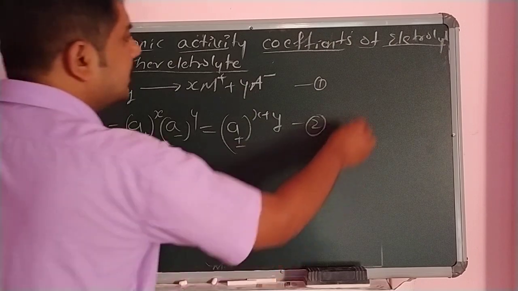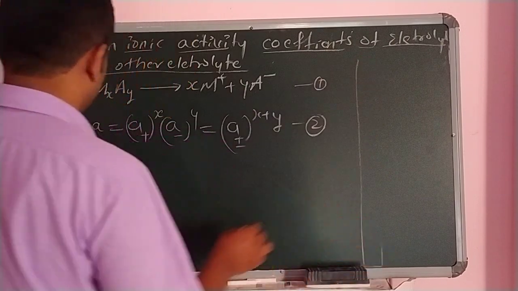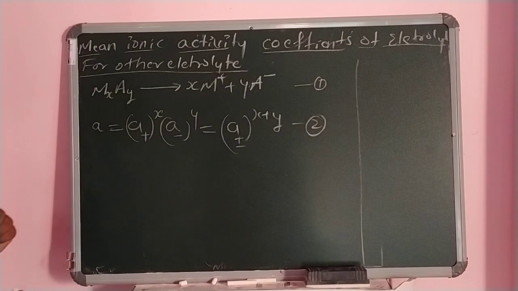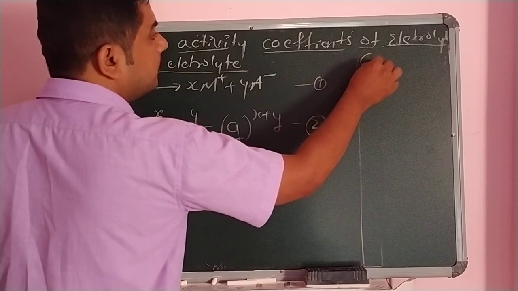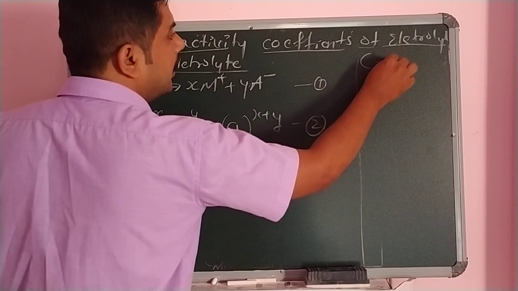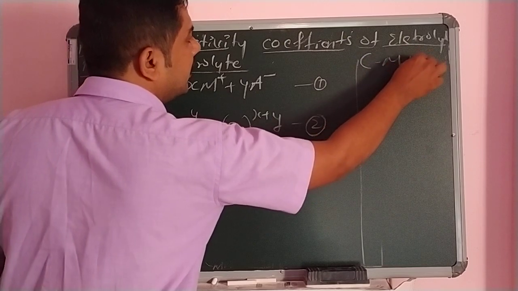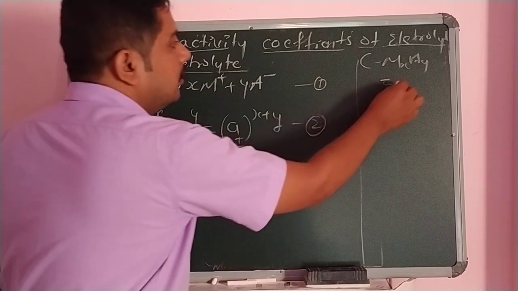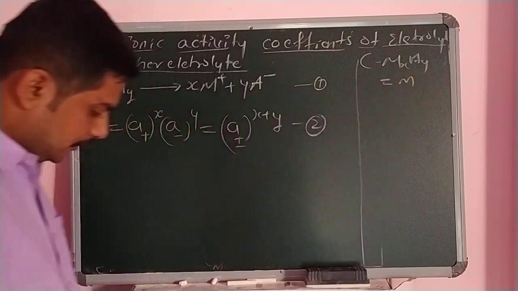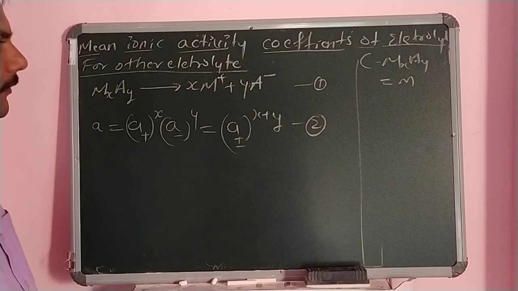Let us consider the concentration of the electrolyte. The concentration of this electrolyte M x A y is in terms of molality.